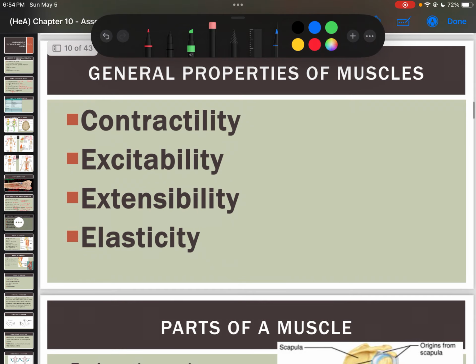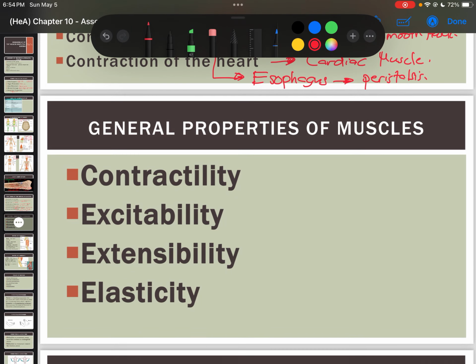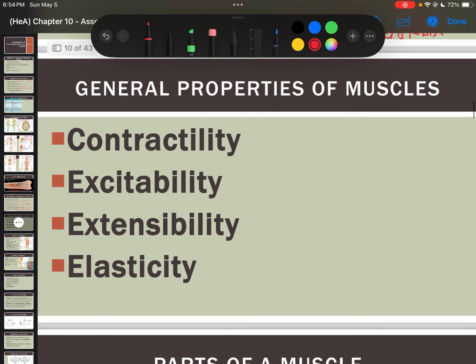Okay, next. These are the 4 general properties of a muscle. The first is contractility.